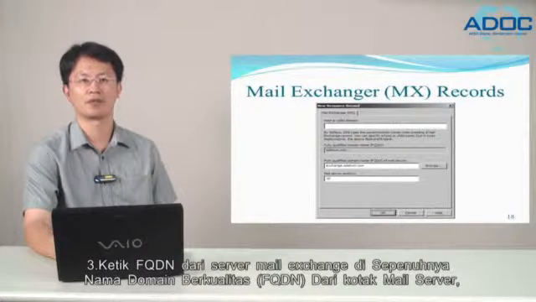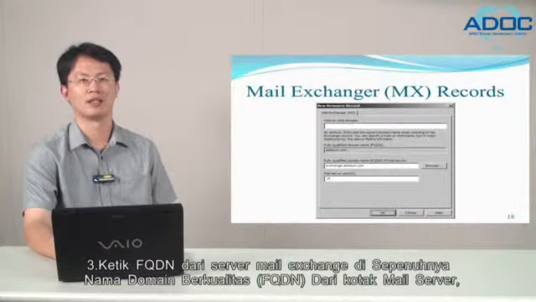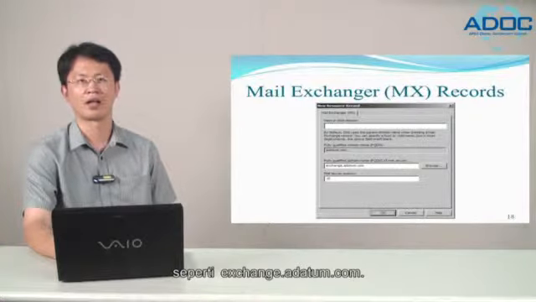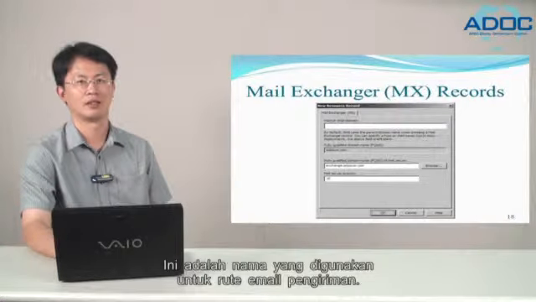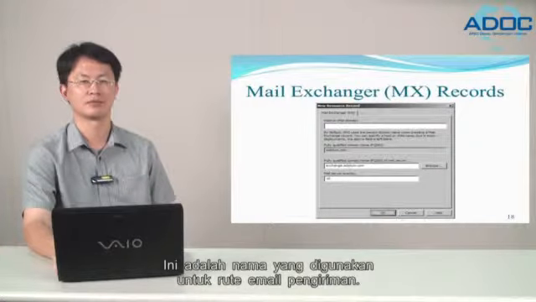And type the FQDN of the mail exchanger server in the fully qualified domain name (FQDN) of mail server box, such as exchange.adaton.com. And this is the name used to route mail for delivery.